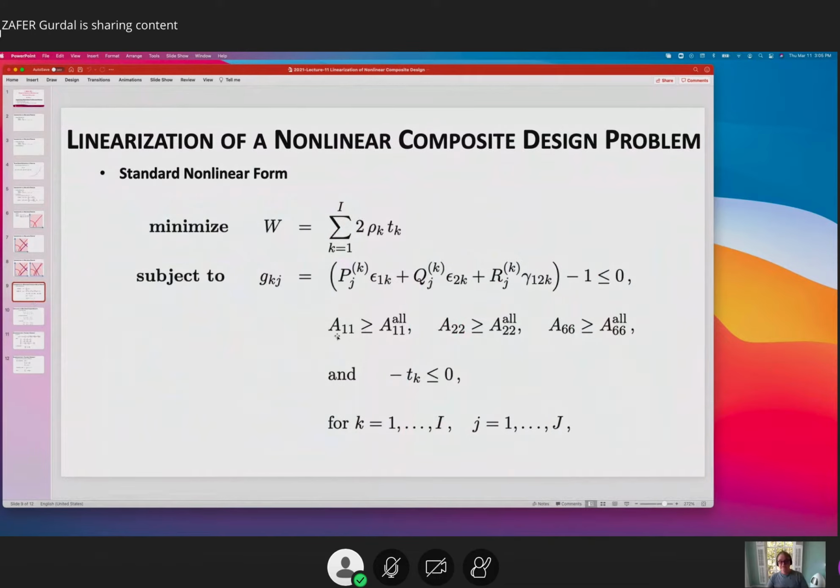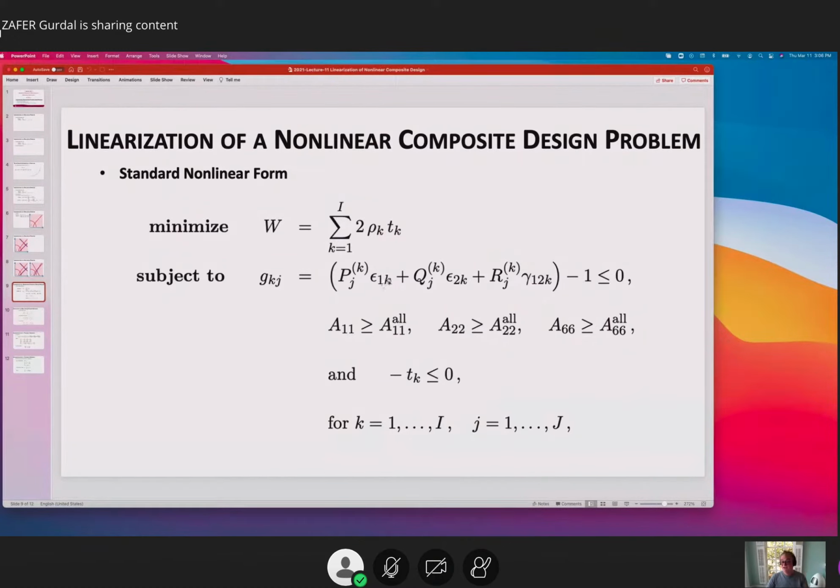In case of composite design, we said typically the objective is weight. So it has some sort of a count of total thickness multiplied by density. You can take this density, if it's constant, outside, and it does not influence the minimization at all. You can completely delete it, or you can put a number in there. You always get the same answer. And then the constraints, which are now in terms of strains in the principal material directions.